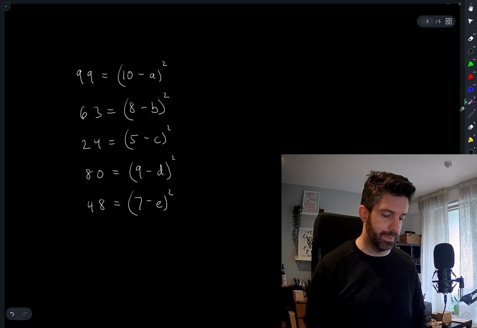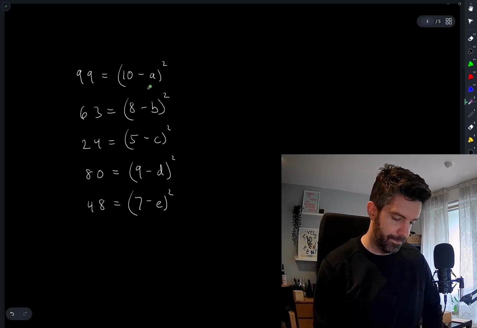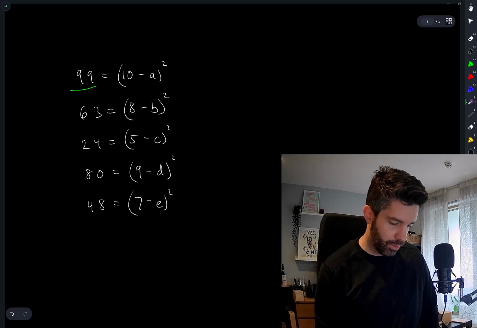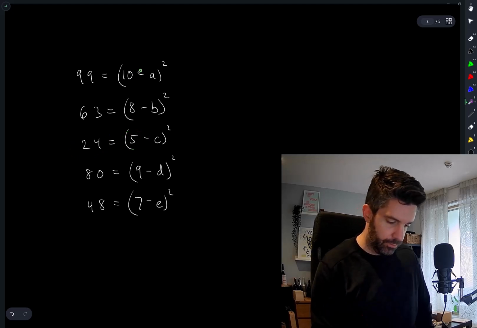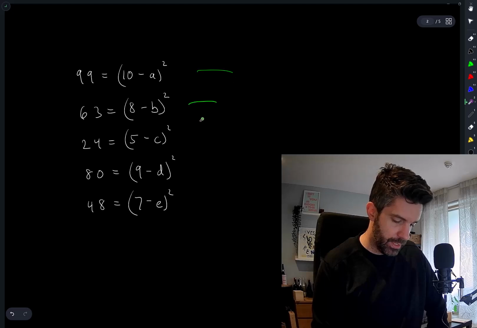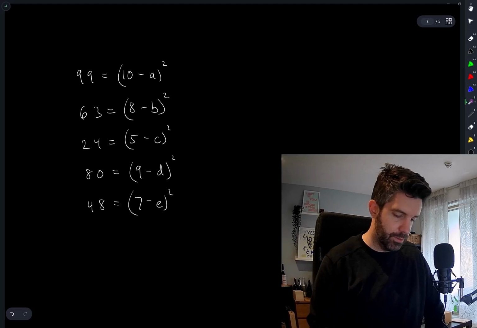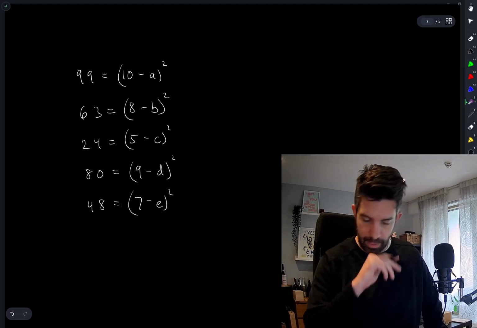So conceptually now what's happening is, these are all 1 less than a square, and they happen to be 1 less than the square of the number we're subtracting from in each case, right? 5 squared is 25, 1 more than 24. So we're kind of asking, in each of these cases, which number do we have to subtract the smallest amount from to go down, to reduce from a square to one lower number.